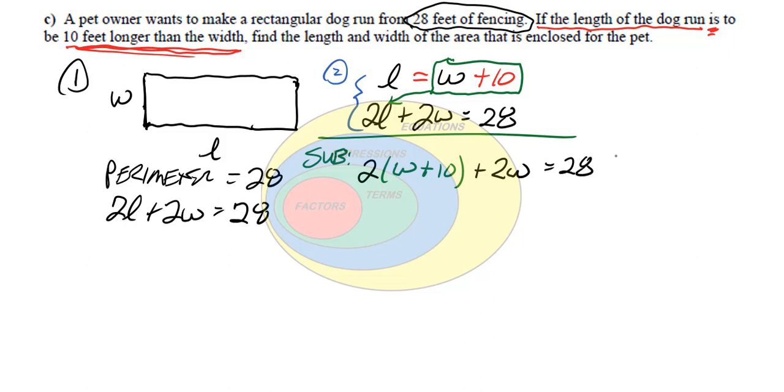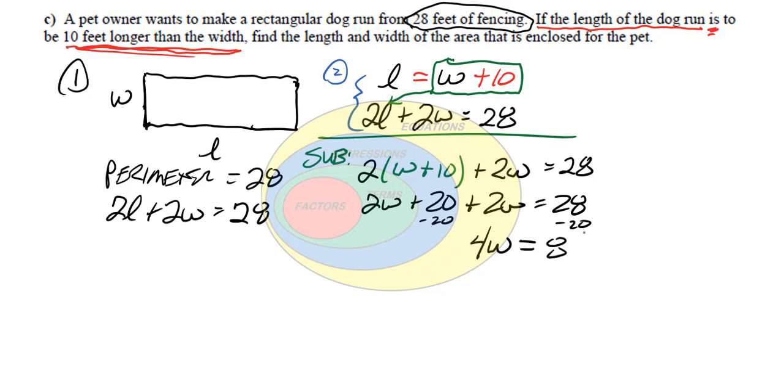Solving this equation, distributing, we have 2W plus 20 plus 2W equals 28. 2W and 2W is 4W. If we subtract 20 from both sides, we get 8.